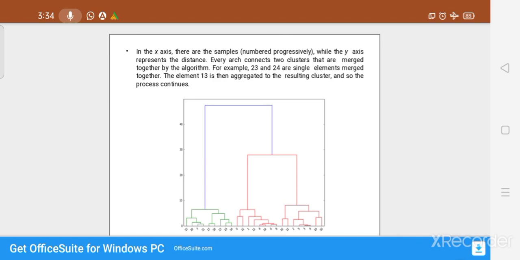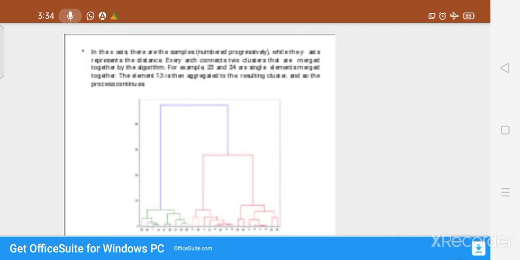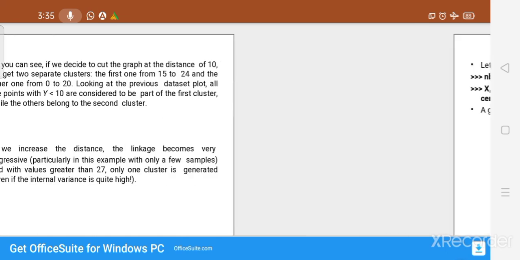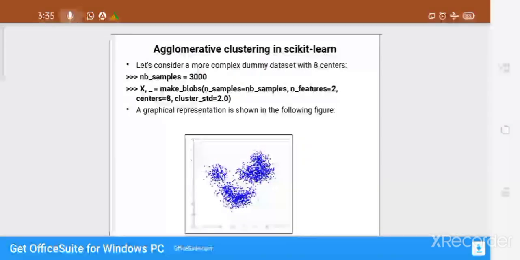Looking at the previous dataset plot, all points with y less than 10 are considered part of the first cluster, while the others belong to the second cluster. If we increase the distance, the linkage becomes very aggressive. Particularly in this example with only a few samples, with values greater than 27, only one cluster is generated.